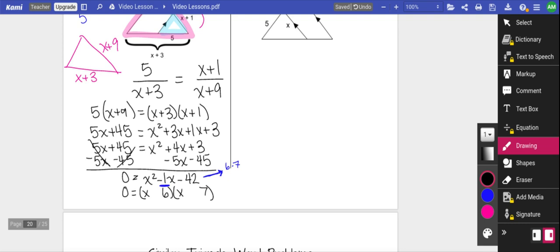So a 6 and a 7 are my two factors. Because it's multiplying to -42, I know that one of these needs to be negative and the other needs to be positive. But because it adds to -1, that means that my bigger number needs to be negative.